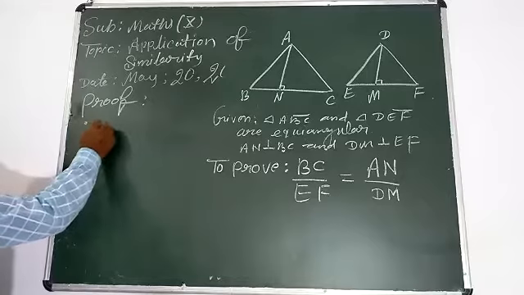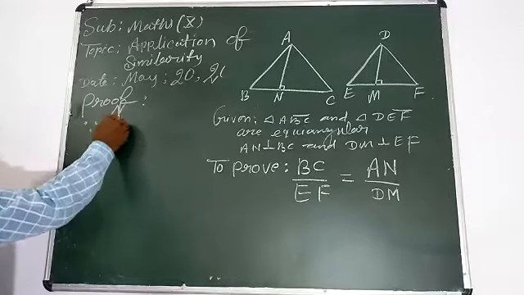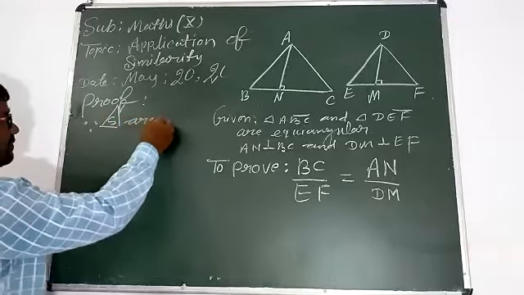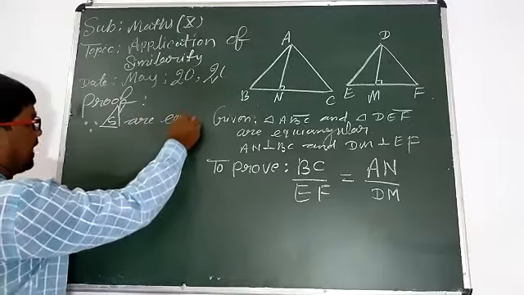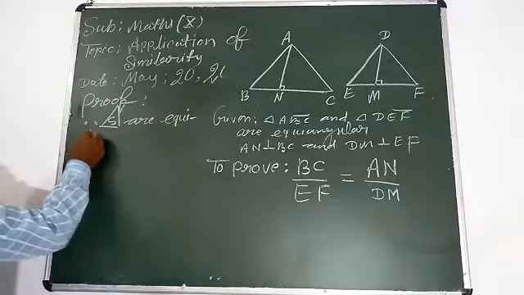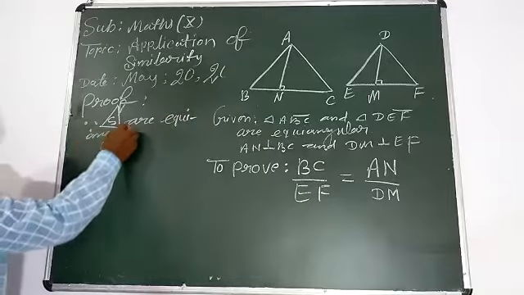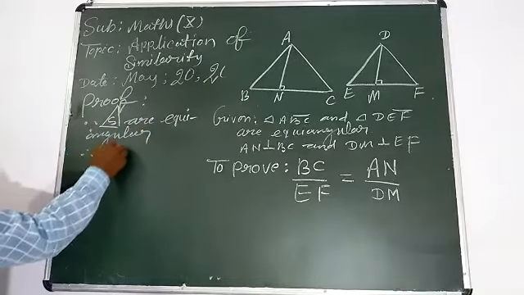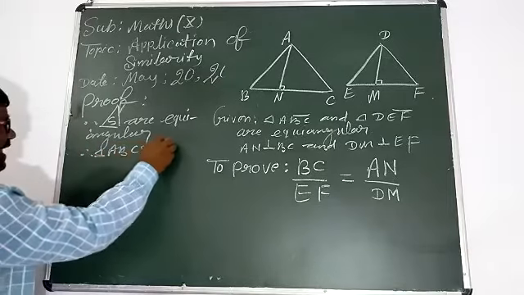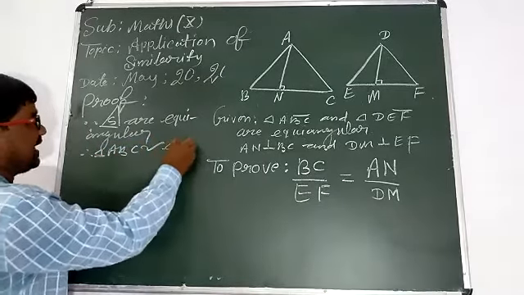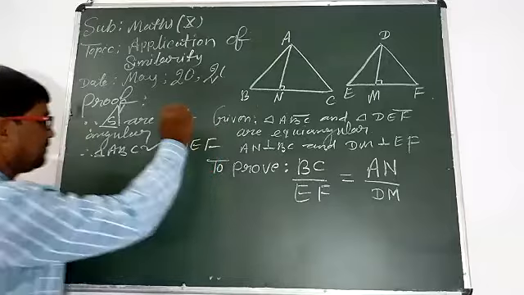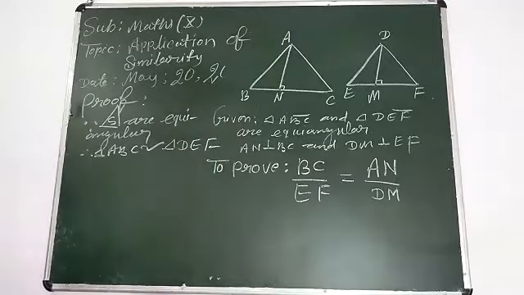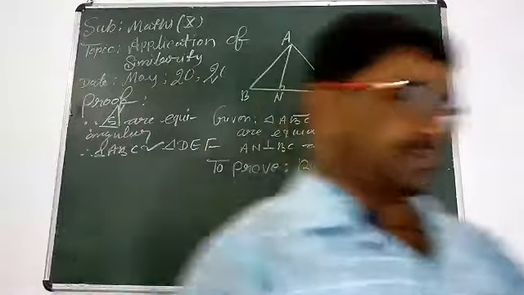Since the triangles are equiangular, triangle ABC is similar to triangle DEF.